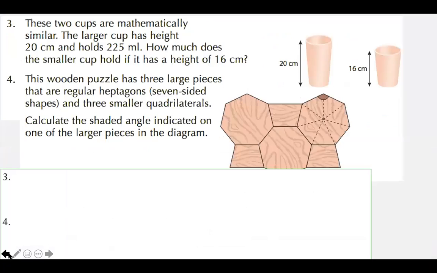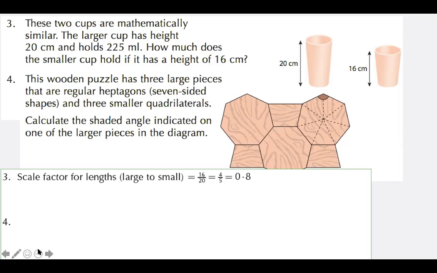So harder questions, but this is using what we did when we did similarity. Remember the linear reducing factor or enlarging factor. So we've got 2 cups. The larger cup, 20 centimeter high, holds 225 milliliter.